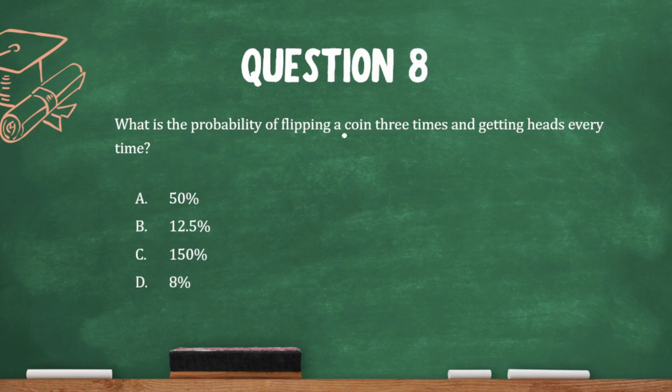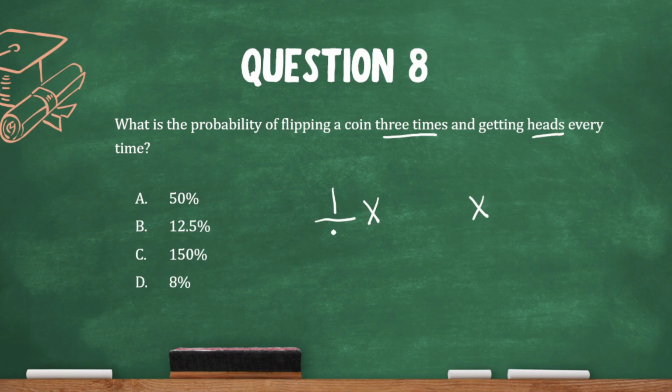Okay, last question. What is the probability of flipping a coin 3 times and getting heads every time? So we have 3 separate events, and we want to know the probability of all of them happening. So that's kind of like saying "and," right? So we're going to have 3 fractions, and we're going to multiply them all together. So what's the probability of getting heads the first time?